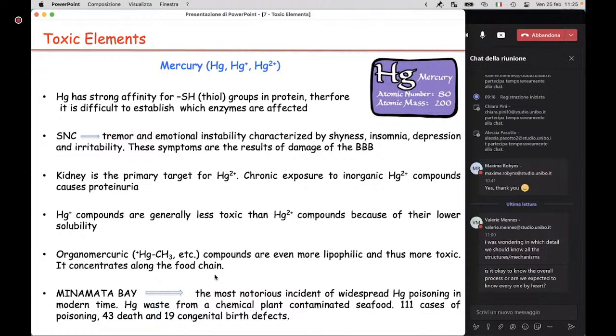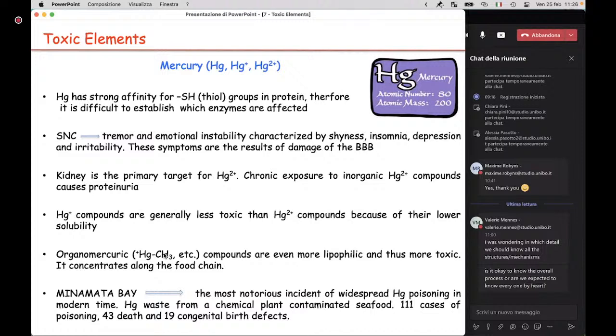This happens exactly because mercury is very lipophilic, and in particular organomercuric compounds are extremely lipophilic. This means that once they are absorbed, they will be stored in fat tissue, and once there, they will not go away.